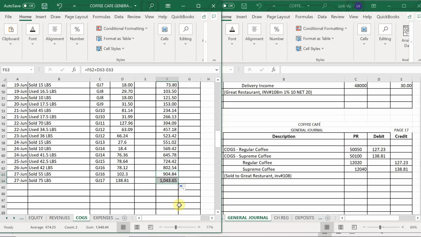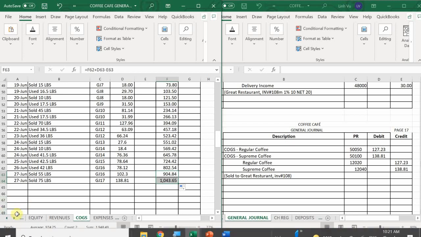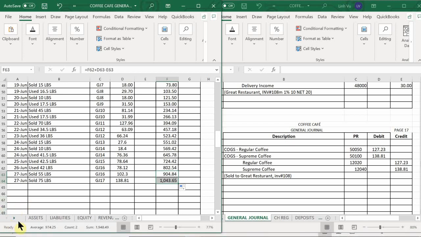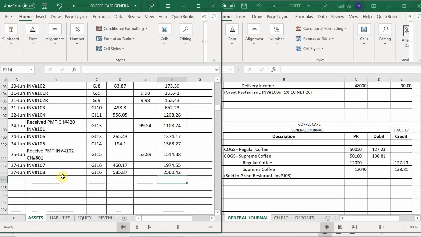So once again, that's 1043.65. Okay. Last thing I need to do in here, in this case, is just to update my inventory assets so then it matches my inventory worksheet.